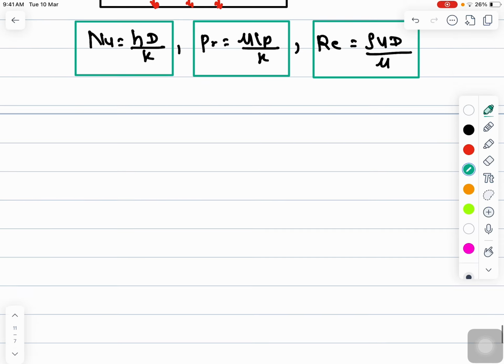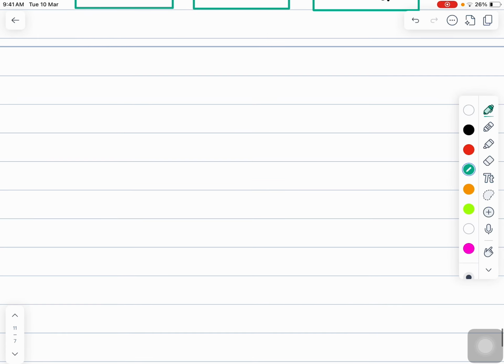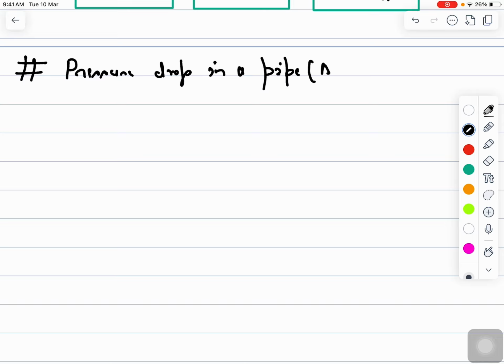Now I'll explain with the help of another example where I'll show how you can actually derive this kind of equation. So let's talk about another example, the pressure drop in a pipe, right? Delta P. So we are going to solve this particular problem.